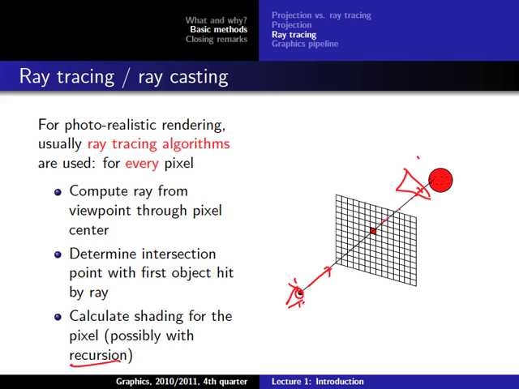So we calculate the shading based on... we basically follow this ray and see what kind of influences the light has here. So if we come to this point, then we say, okay, if we have a light source here, like this is supposed to be a lamp, then we say this is reflected here.